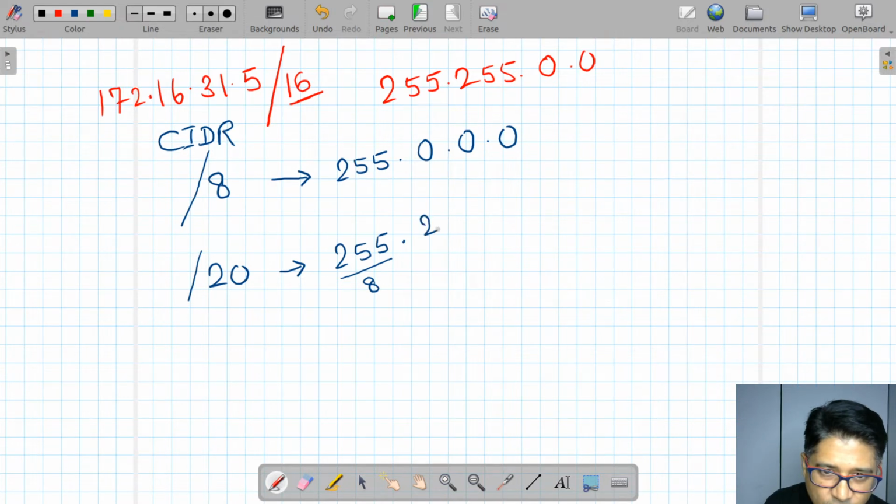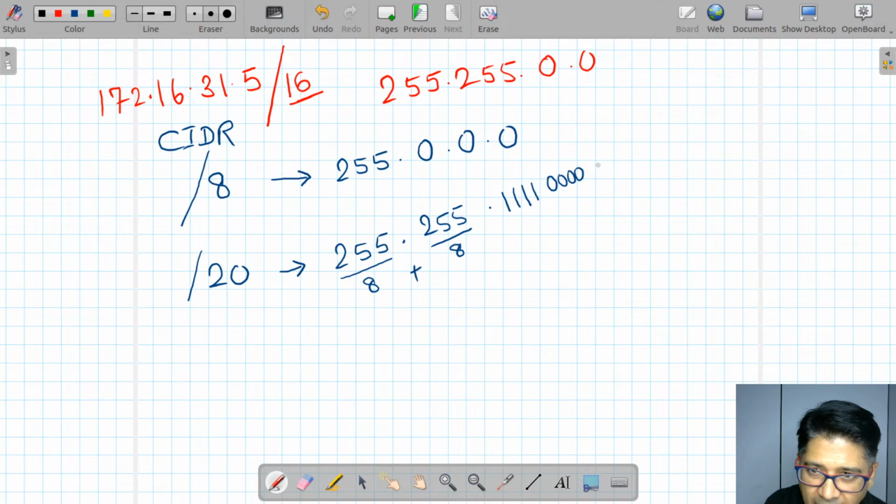Then again 255, how many bits cover? 16, 8 plus 8. Excellent. How many bits are left? 4. So we break down those 4 bits: we need ones for 4 bits, the remaining 4 bits need 0, and the last octet is all 0.